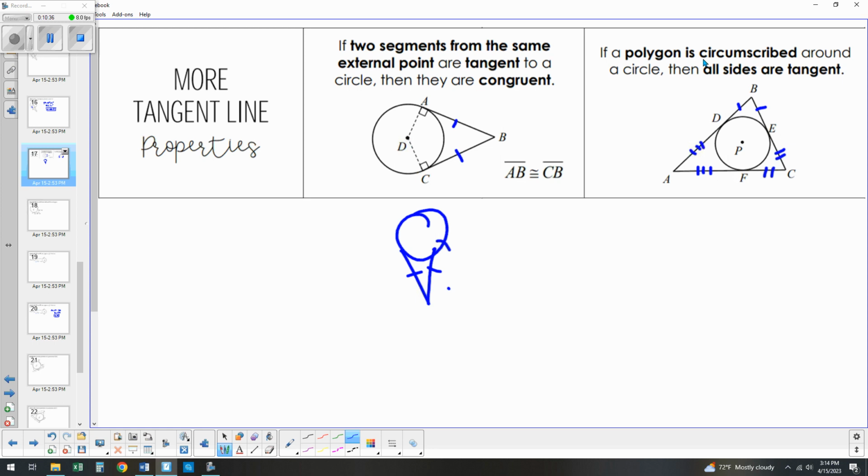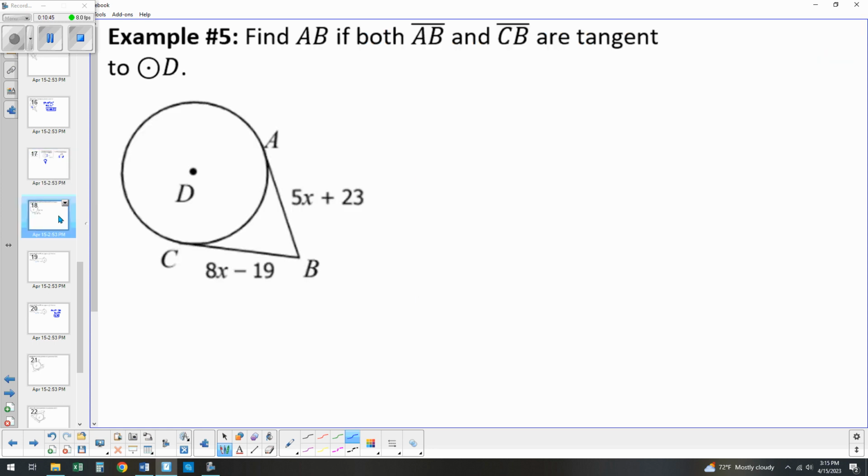So if a polygon is circumscribed around a circle, then all sides are tangent. So our first example here, we're going to find AB if both segments AB and CB are tangent to circle D. So looking at our ice cream cone, we want these two to be the same. So we would set them equal.